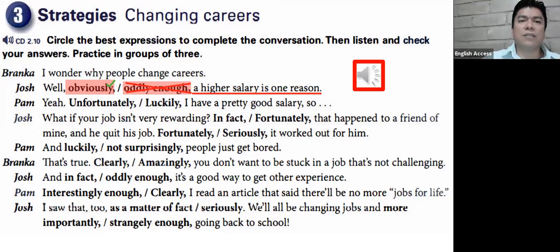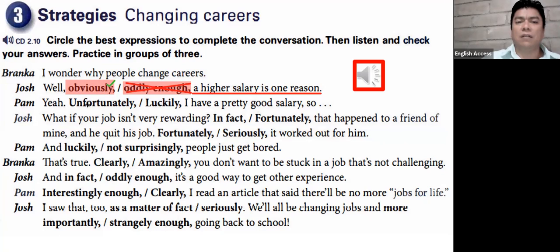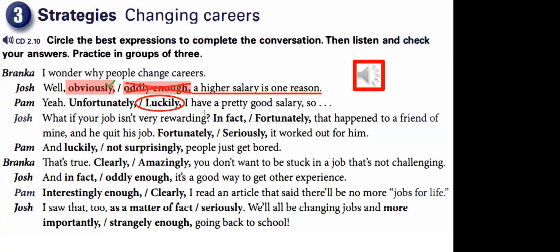Okay, guys, did you catch the answers? Yes. So on the second line, Pam, "luckily." Next, "in fact." Next, "fortunately." Next, "not surprisingly."